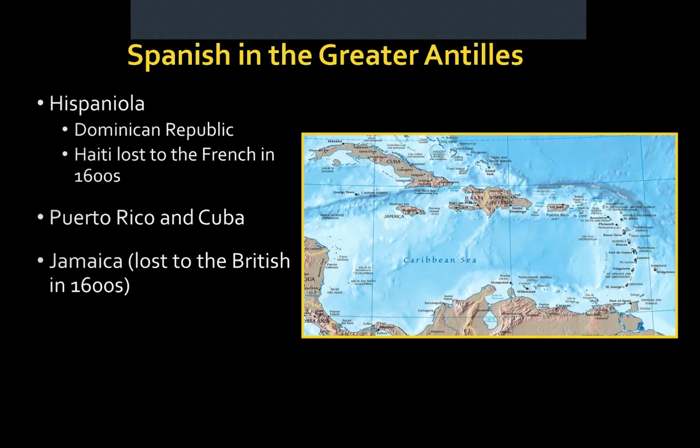They also had Puerto Rico and Cuba, and then Jamaica, but that was lost to the British in the 1600s, as we talked about in the previous class, where the British, as well as the French in Haiti, used those as bases to go and rob the Spanish galleons, which had gold and silver coming from the Americas. And that's the Pirates of the Caribbean that you'd think of.